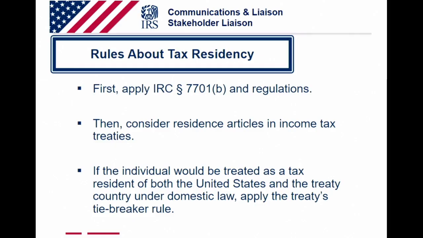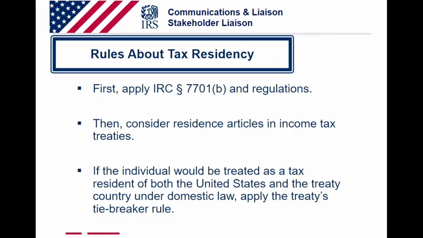Now, please be aware that except for very limited circumstances, a person has to be a resident of one of the two contracting states, meaning the two countries that are party to the income tax treaty, in order to claim a benefit under that treaty. In other words, in order to claim that that income tax treaty reduces or eliminates tax that would otherwise be due under a country's domestic law.